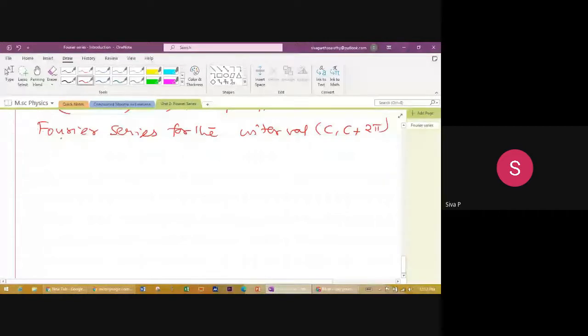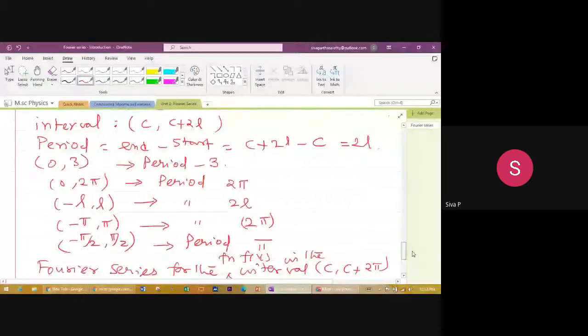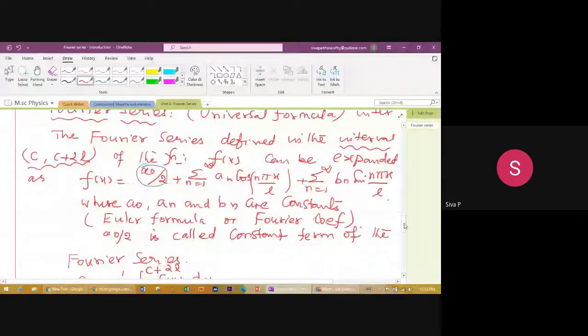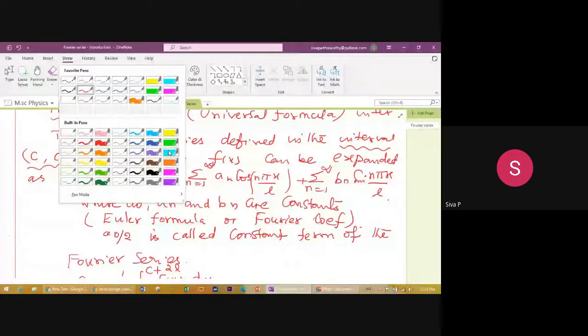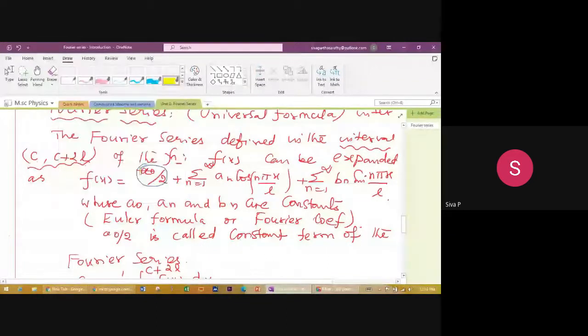The Fourier series for the function f of x in the interval C to C plus 2 pi, how do we write that? And then we come to this function. So how to write that? The first term is a naught by 2. There is no change.